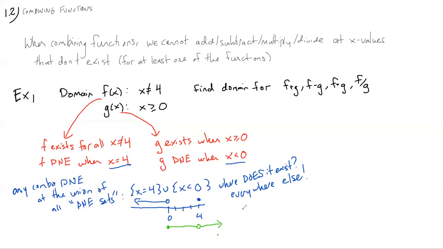So we'll have the interval 0 to 4, and then I need the region after that, so that'd be 4 onwards to infinity. That's going to answer our question almost entirely. Maybe I'm not quite done yet.